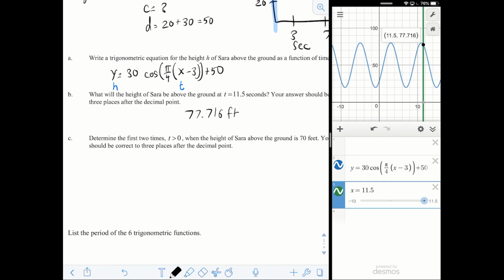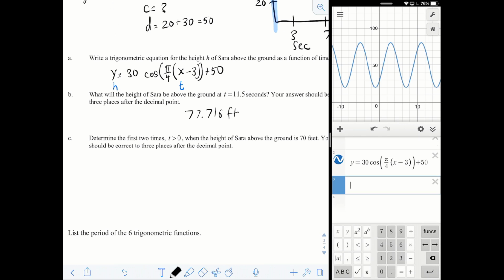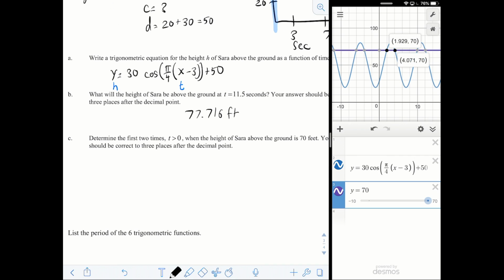Okay, the next one says determining the first two times t is going to be greater than 0 when the height of Sarah reaches above the ground, or the height is 70 feet. So in your equations, you should have the first equation. The next one you're going to do is y equals 70, and then figure out those intersections. To figure out the intersections, we're going to go to second trace, which is calculate.